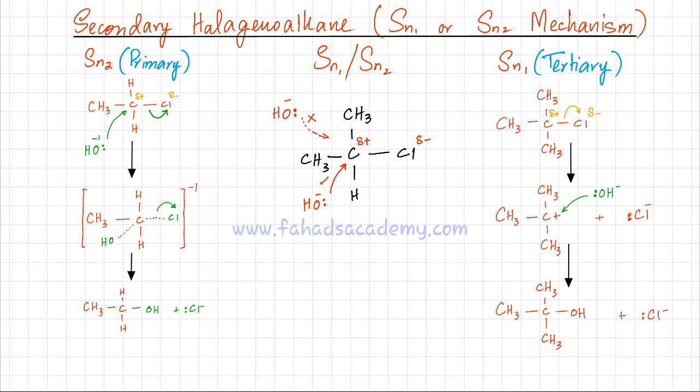There are other conditions. For example, if there's a very high concentration of OH ions, then they would be more likely to approach this carbon atom directly and attack it, instead of approaching from the side where they are blocked. Increasing the concentration would increase the possibility of the OH approaching this carbon atom from the other side as well.